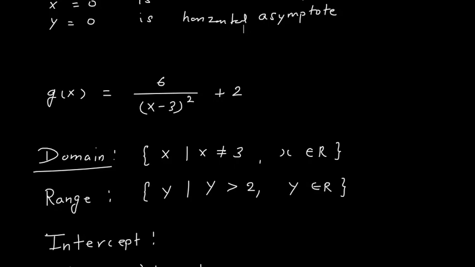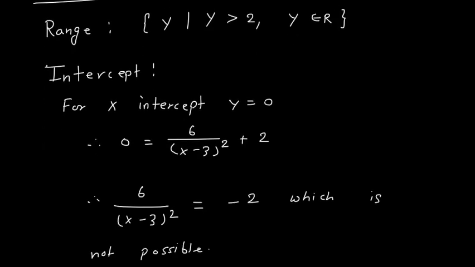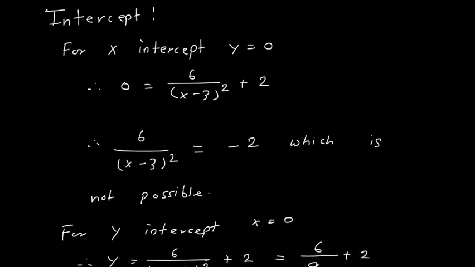Okay, now intercept, let us discuss about intercept. For y intercept I will put x equal to 0, and for x intercept I will put y equal to 0. If I put y equal to 0, after solving, I get 6 upon (x minus 3) the whole square as minus 2, but that is not possible, because the left hand side is always going to be a positive number.